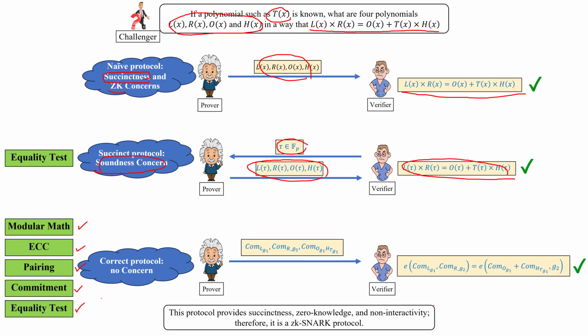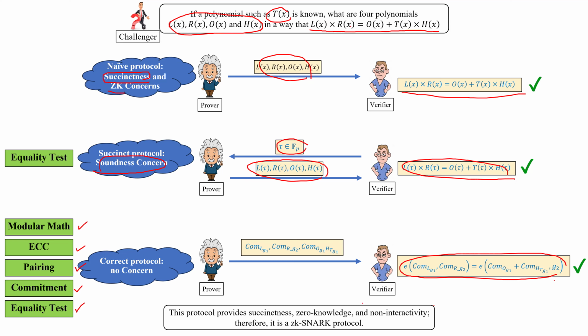The commitment scheme allows the prover to just send the commit of polynomials to the verifier instead of sending the polynomial or the evaluation of the polynomial. And then the verifier does the pairing test to ensure that the prover really knows the knowledge, right?